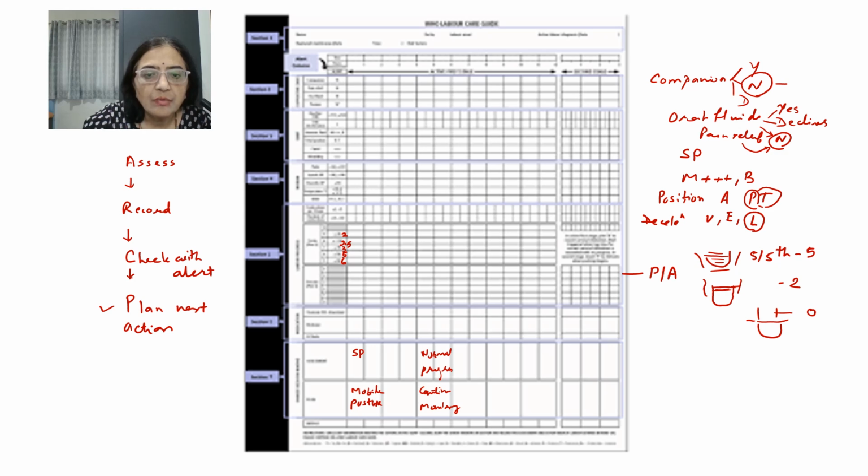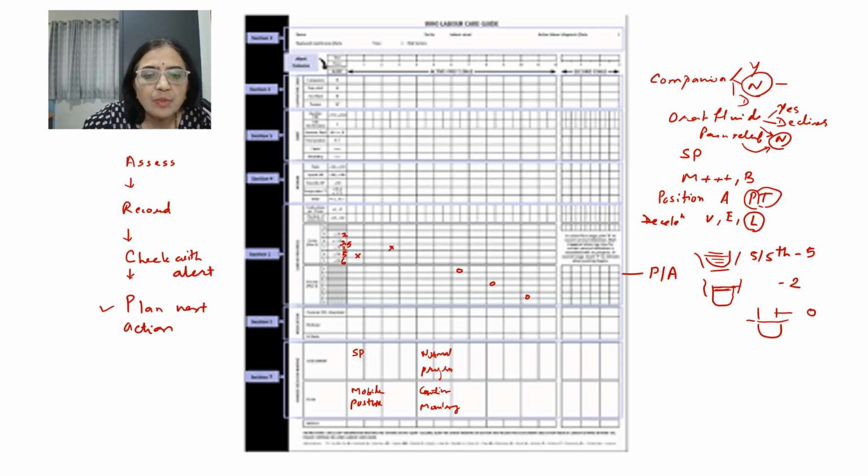For dilatation, we have to mark it as X, a cross. Whereas for the descent, we have to mark it as O, like that. Suppose it is 6 centimeters.